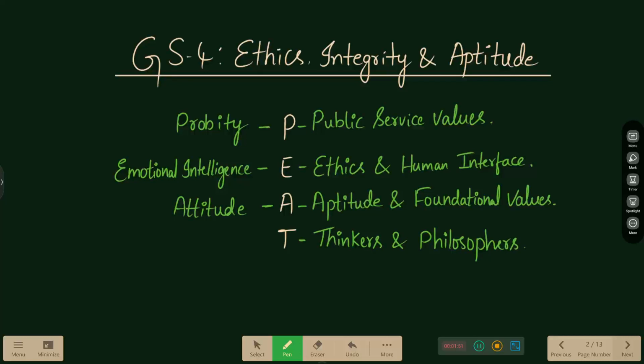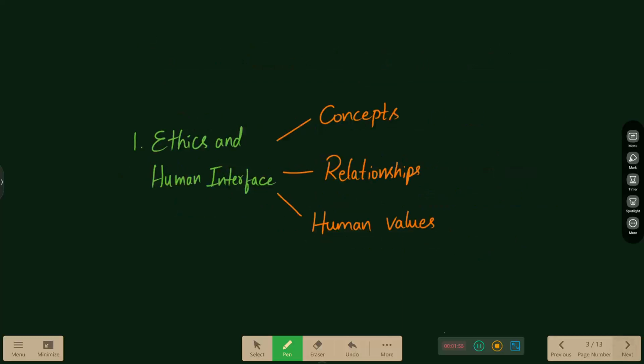Now quickly we will move to chapter 1, that is human ethics and human interface. So what will we learn here? One is with respect to concepts, like what do you mean by ethics, morals, values? What is the relation between them? What is the difference between them? Then you need to know the sources of ethics.